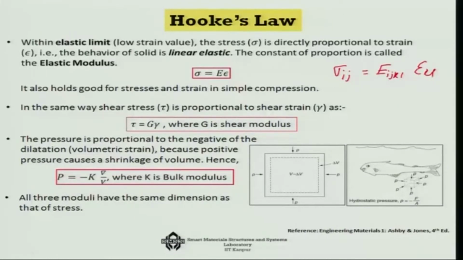So, basically Hooke's law is relating the stress and strain, and each stress and strain component within a linear elastic domain is generally found to have a proportionality. That means, if you increase the stress 2 times, the strain also will increase 2 times. So, there is a sense of proportionality between the two.